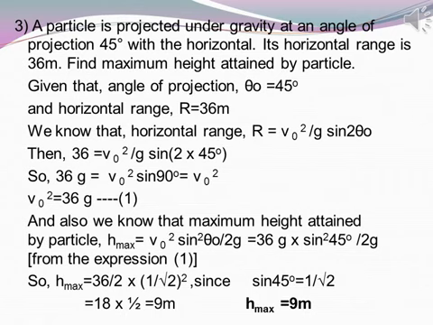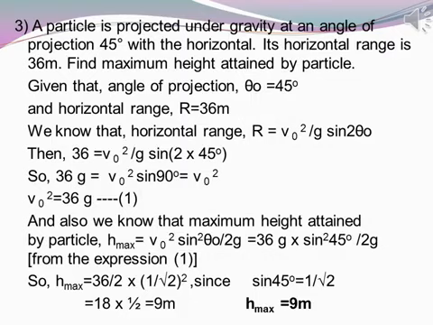So 36g is equal to v0 square into sin 90 degree, which is equal to v0 square. Since sin 90 degree is equal to 1, then v0 square is equal to 36g, which is the expression 1.